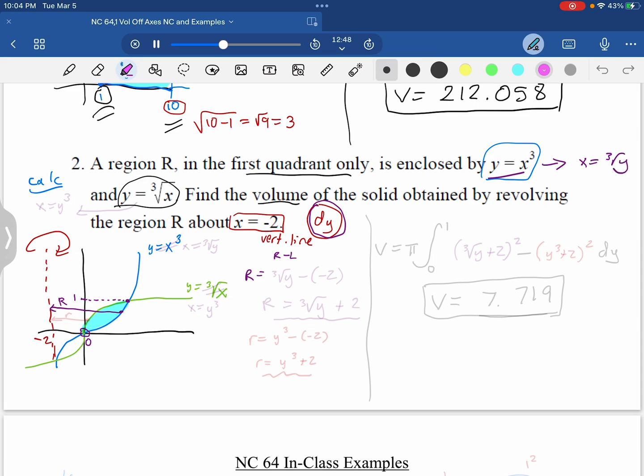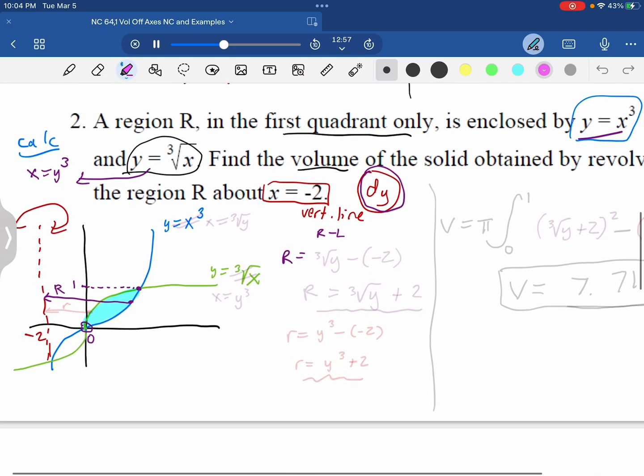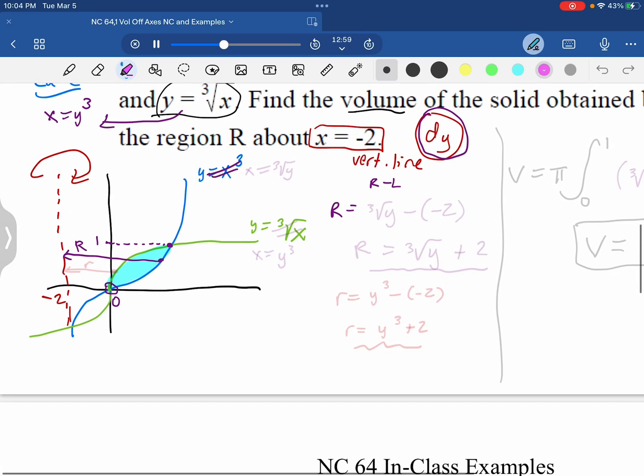And the other one, y equals cube root of x, if we cube both sides, would become x equals y cubed. So they almost just flip spots. The blue one would become x equals cube root of y, and the green one would become x equals y cubed.